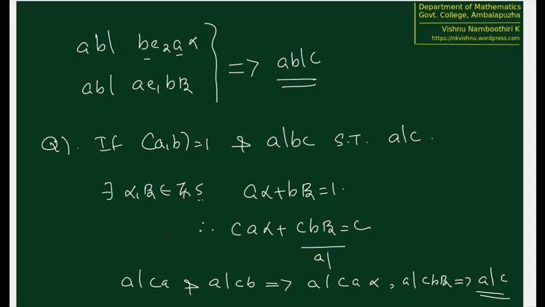We can have many more exercises which can be established using Bezout's identity, but we are going to leave a few of them as exercises for you to solve, and we are going to discuss the concept of GCD of more than two numbers, which is an extension of the concept of GCD of two numbers.